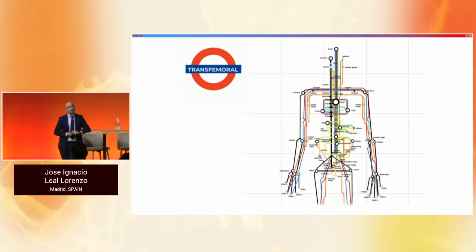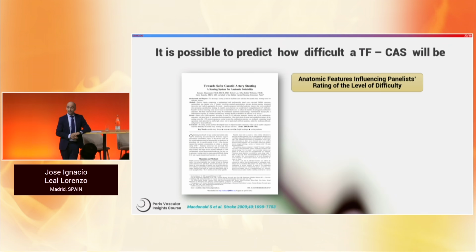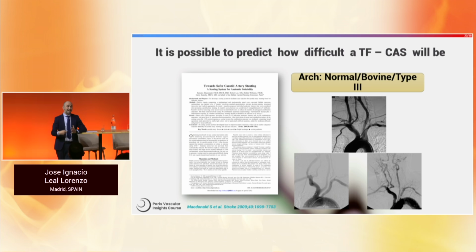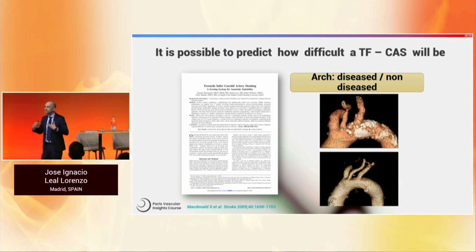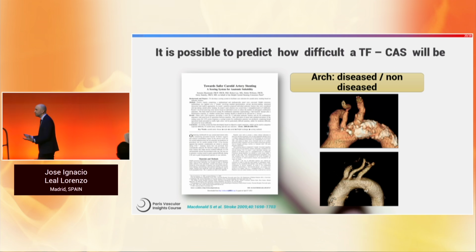I would like to focus on that and split the discussion into the 3 routes we were trying to describe. Transfemoral route, which is the longest way, the classical way. We have this classical paper from Sumara MacDonald, our friend, describing with a high impact consensus which anatomical features make a transfemoral patient difficult.